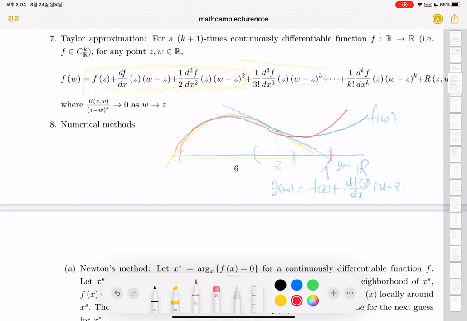So for this region of w, the f function can be written approximately by this cubic polynomial.